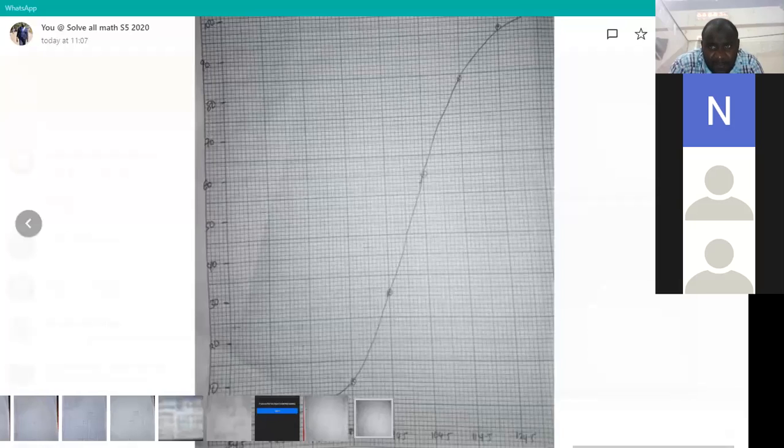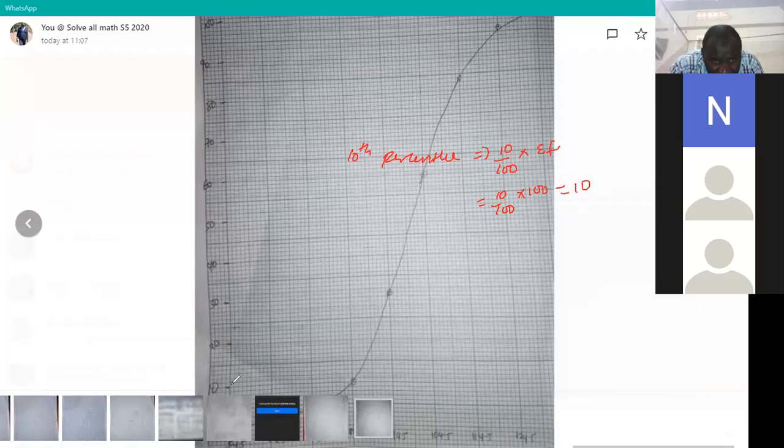The last bit I wanted to comment on this ogive curve: sometimes they ask for percentiles. They can say 10th percentile. 10th percentile means 10 out of 100 of the total frequency, which is 10 out of 100 times 100, and the answer is 10.